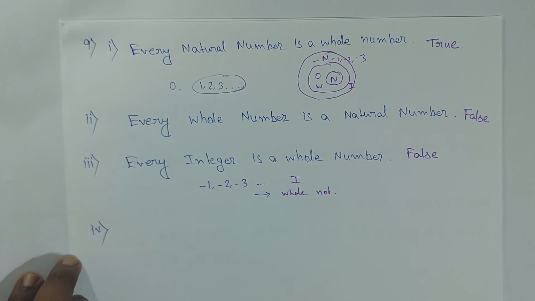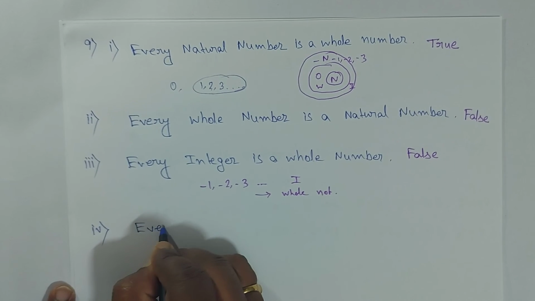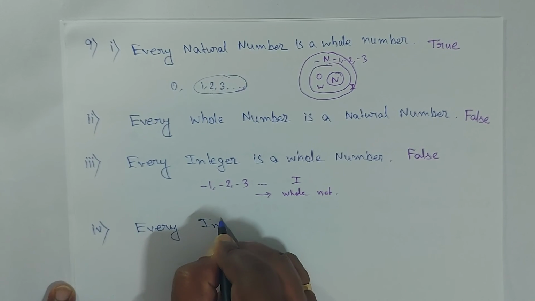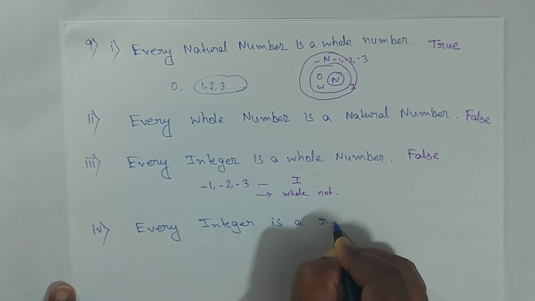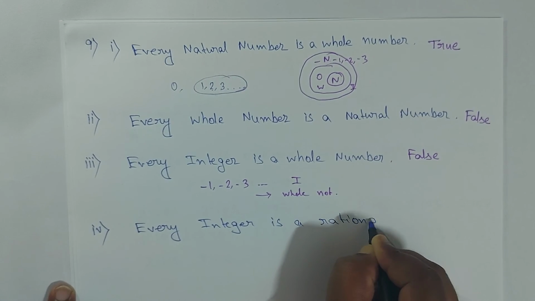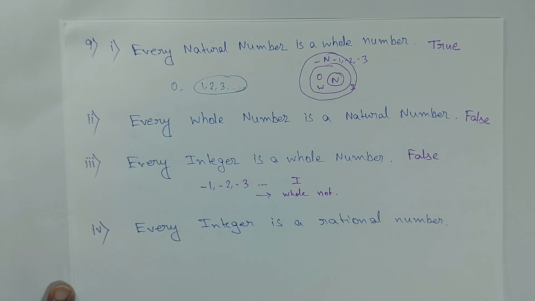Next, statement 4: every integer is a rational number.